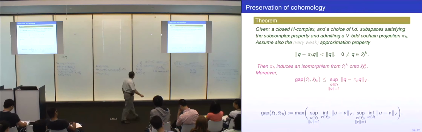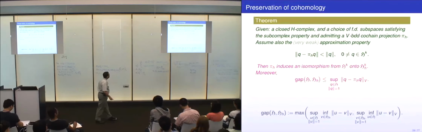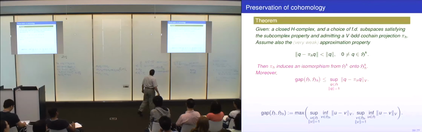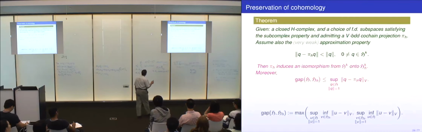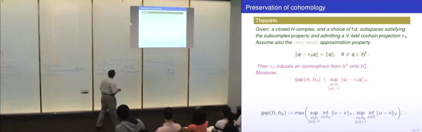Okay, so I said that when you have this Hilbert complex structure, you get a lot of things. And here's one theorem, which is pretty powerful, that comes directly from these assumptions. Suppose we have a closed Hilbert complex at the continuous level. We choose some finite dimensional spaces that form a subcomplex, and there exists a V-bounded cochain projection pi h.